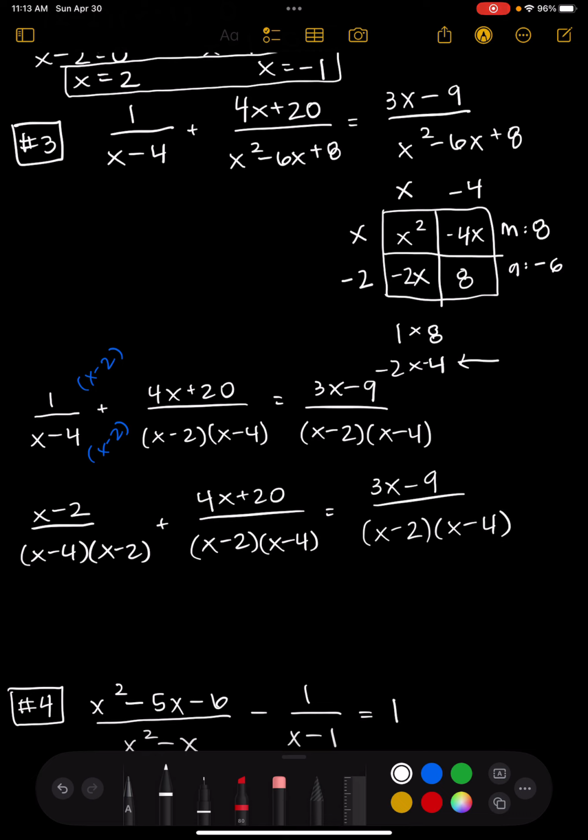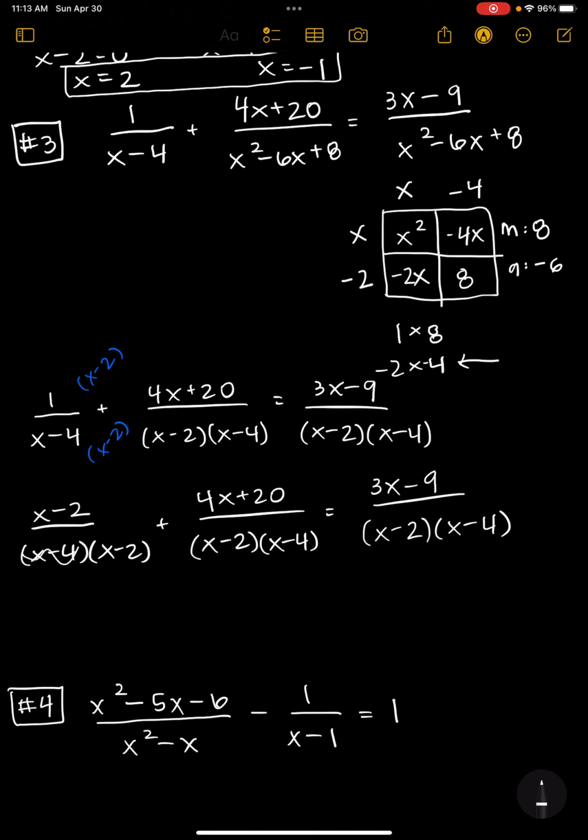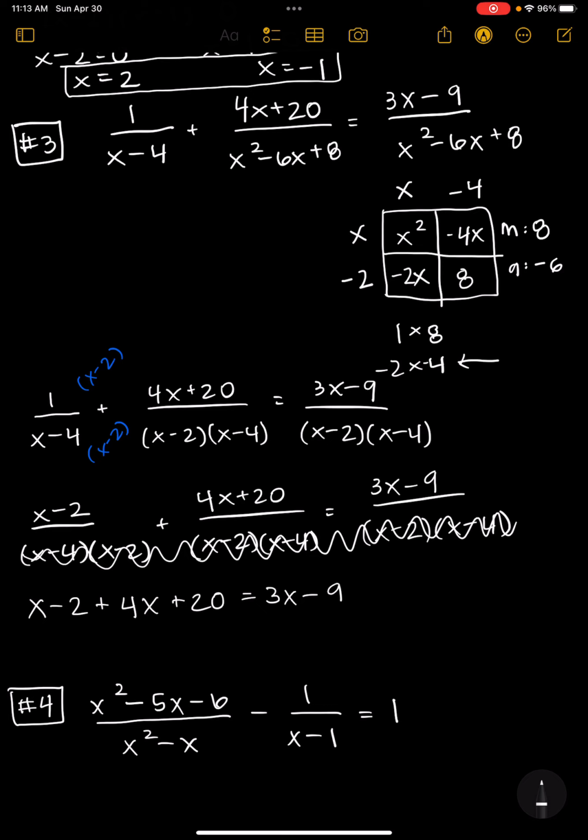Okay, now they have the same denominators, which means I can cancel them all out. And we're left with x minus 2 plus 4x plus 20 equals 3x minus 9.